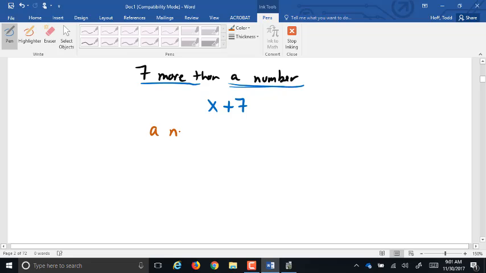I'll start you out: a number increased by. There you go. That would indicate X plus 7. Any others? A number plus 7.